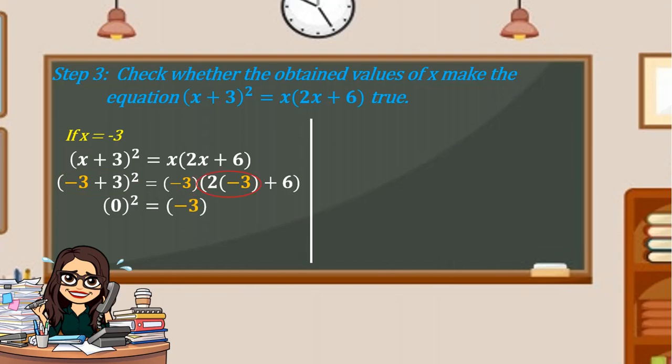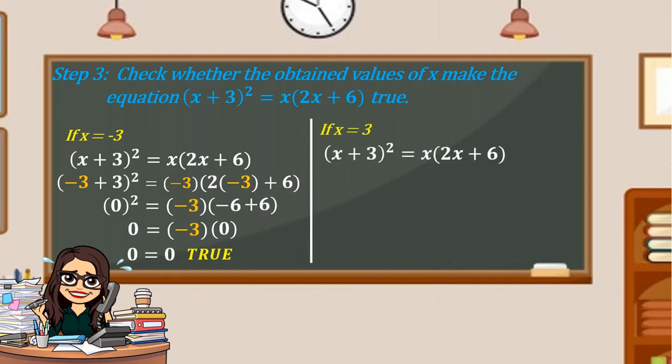So 2 times negative 3 is negative 6, then copy positive 6. 0 square is 0. Again, bring down negative 3. Negative 6 plus 6 is 0. And negative 3 times 0 is 0. And this is true.